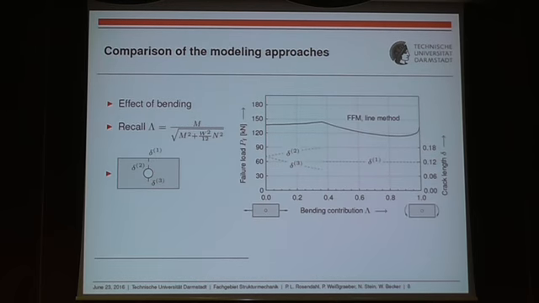In order to compare the failure models against each other, I want to have a look at the effect of bending. So if we plot the failure load and the corresponding crack length against the amount of bending which we impose on our structure, we see that at uniaxial tension, so lambda equals 0, we start with symmetric cracks at the hole, and as we increase the bending, the crack on the bending tension side of our hole starts to grow, whereas the crack on the bending compression side shortens.